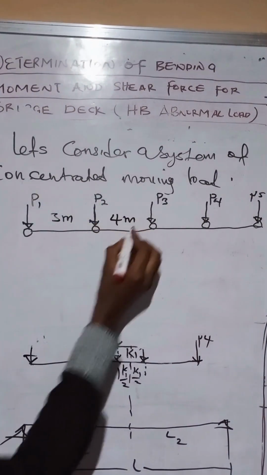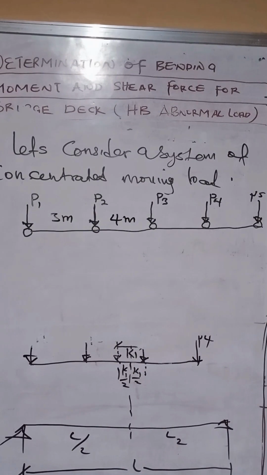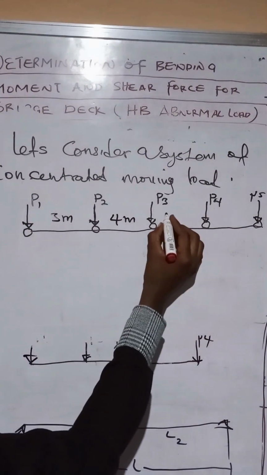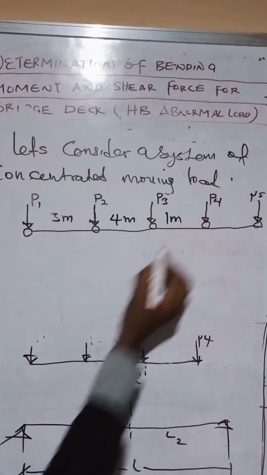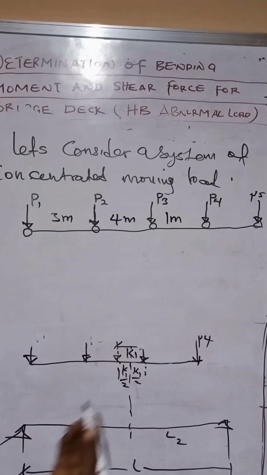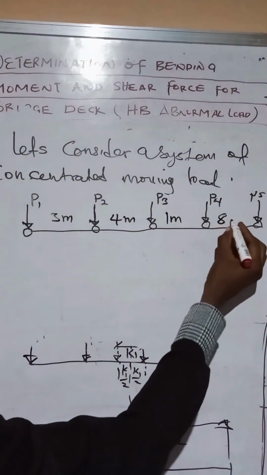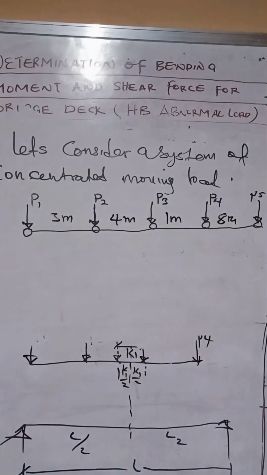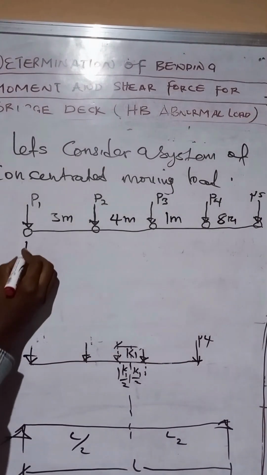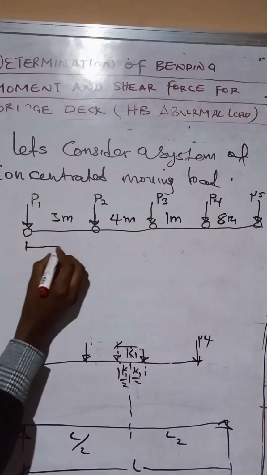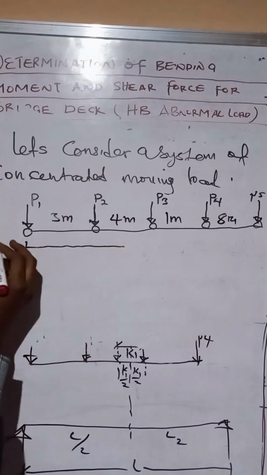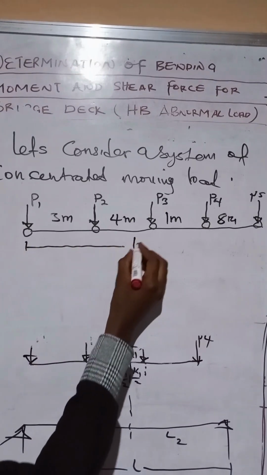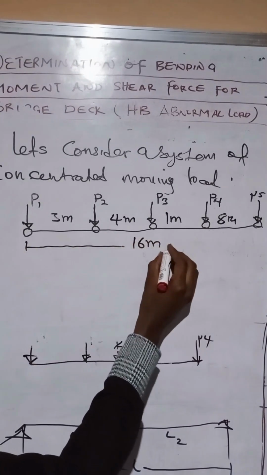The next one, let's say we have the next one to be 1 meter. Then the last of it, let's just say we call here 8 meters. So let's total it to get the total length. This is 16 meters.